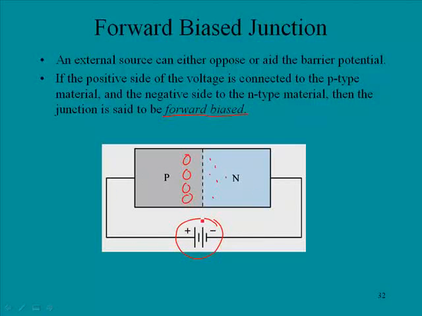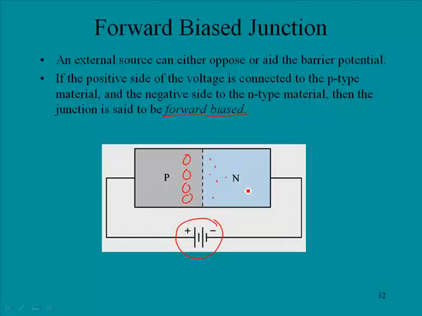So when it's connected like this, those electrons that are negative will be forced to move through the n material, and most of them will move through holes through the p material, and they'll come over here. And the positive force here, remember the holes want to move from positive to negative.